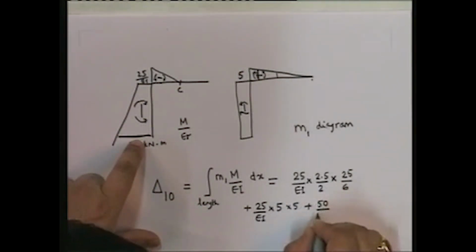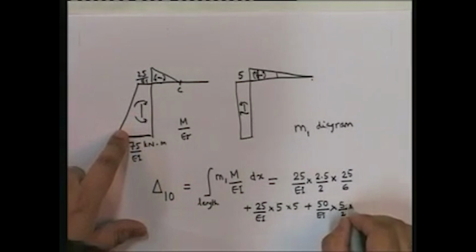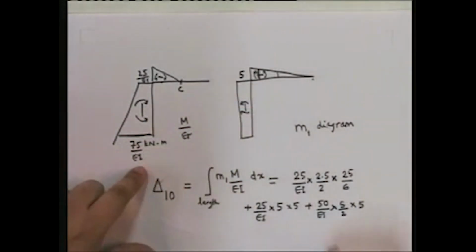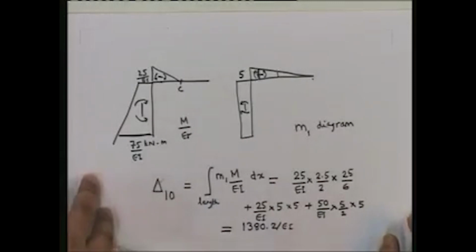So 50 upon EI multiplied by 5 divided by 2, this is the area of this triangle, multiplied by 5, which is the centroid at that point. If we look at all of this, what we get is 1380 upon 2 EI. So this is delta 1 0.